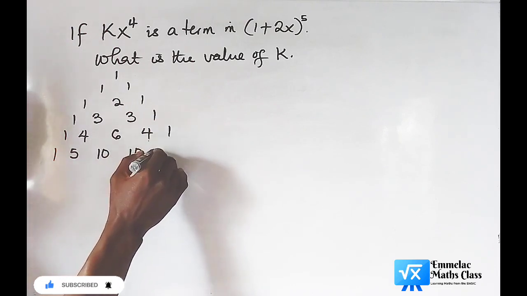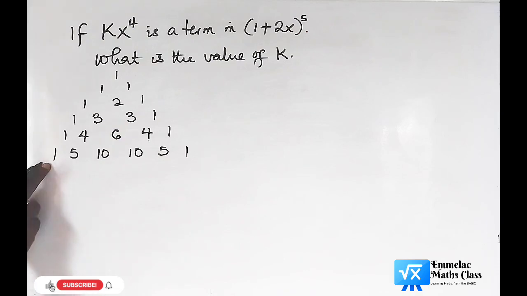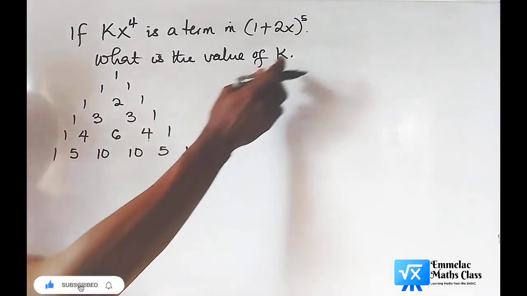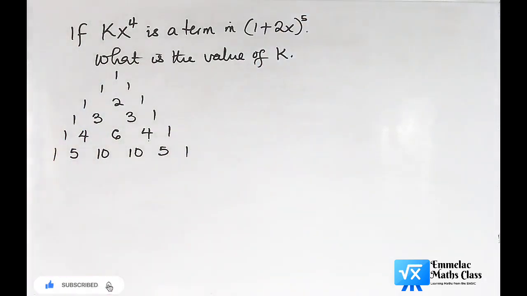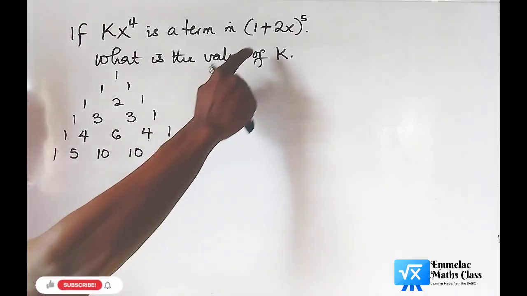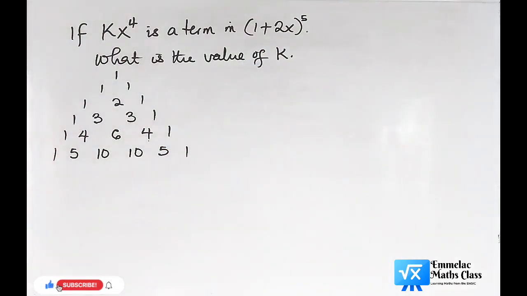And 4 plus 1 is 5. Now at this point where we have 5 here, it corresponds to the expansion for power 5. Okay, so which means these are the coefficients of each of the terms you will have here after expansion.